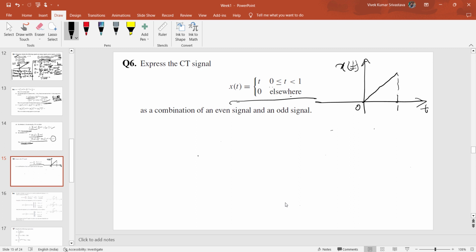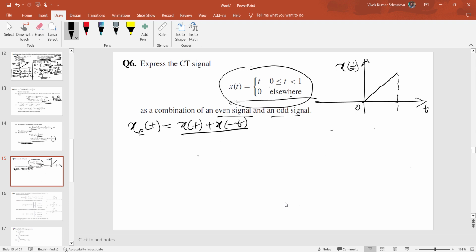Now we have to determine the even and odd signal corresponding to this signal. The even signal is determined as x of t plus x of minus t by 2, whereas the odd part of any signal is determined as x of t minus x of minus t by 2.